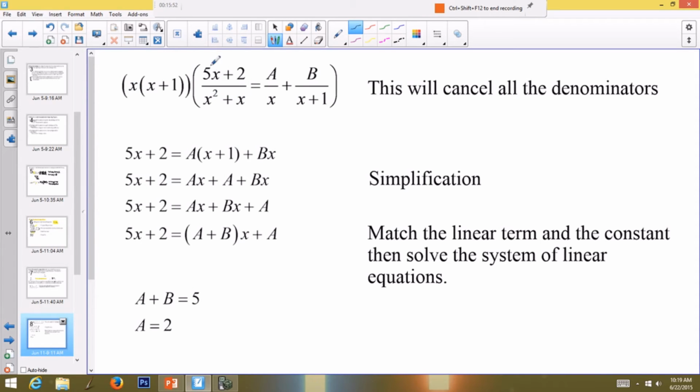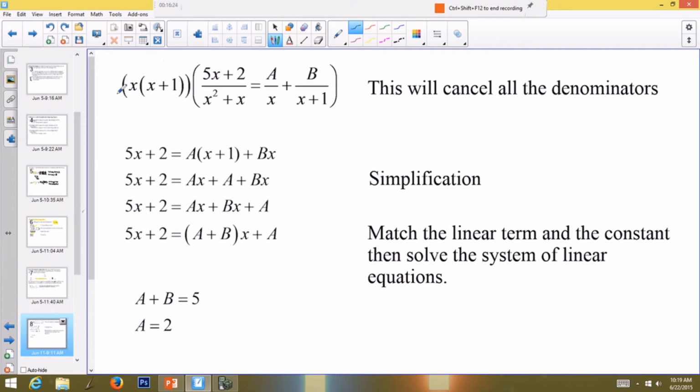So when I multiply this first fraction by this expression, these two things cancel: x squared plus x cancels, and you're just left with 5x plus 2. Now, when you multiply x times x plus 1 times A over x, the x's cancel, and then you have x plus 1 times A, which would be A times x plus 1. All right. Now, oops, didn't want to go that far.